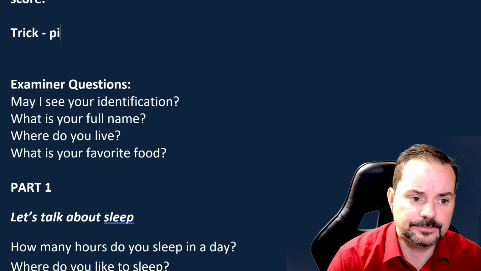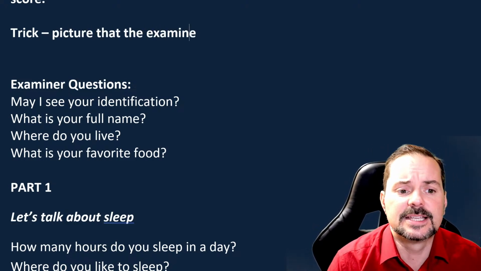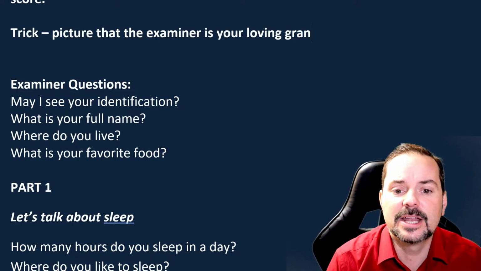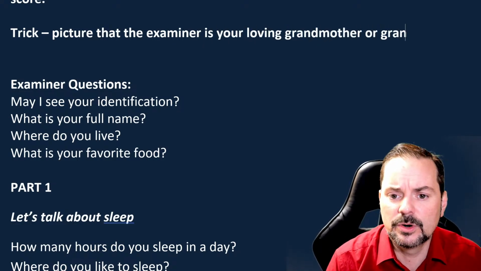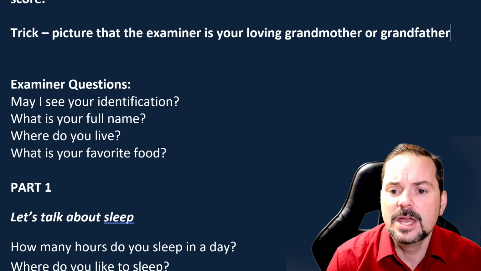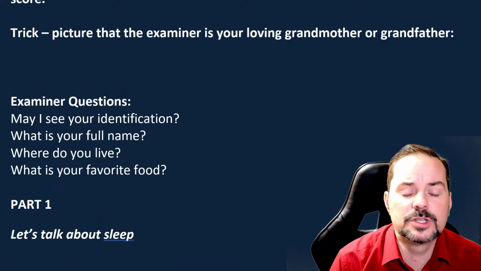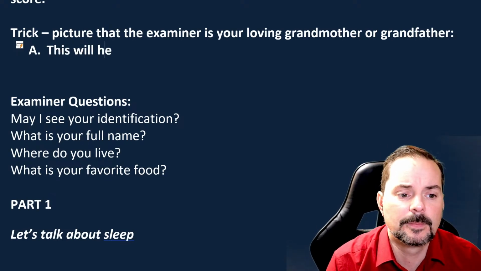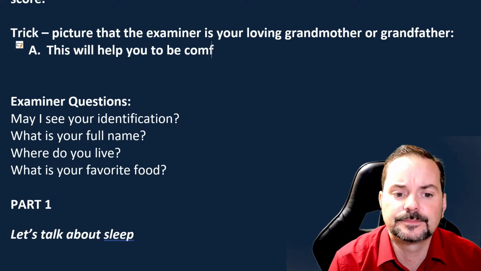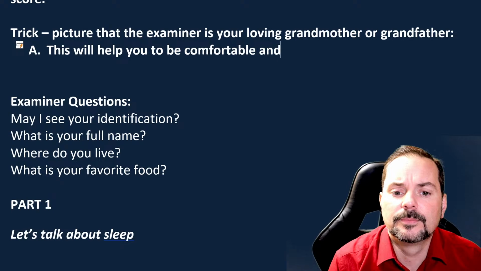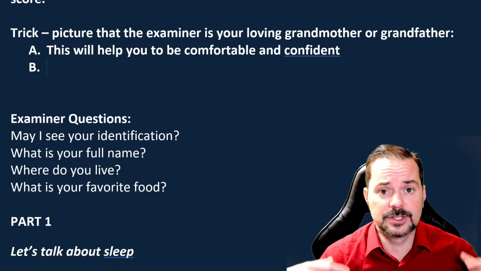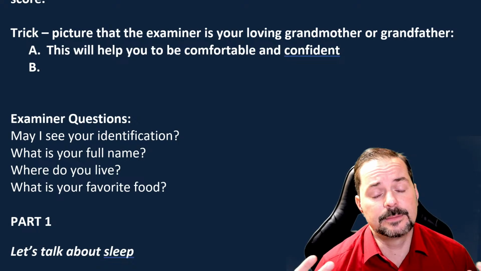So picture that the examiner is your loving grandmother or grandfather. Now, when you do that, of course, one reason is to make you feel comfortable. Okay, but there are some other reasons.